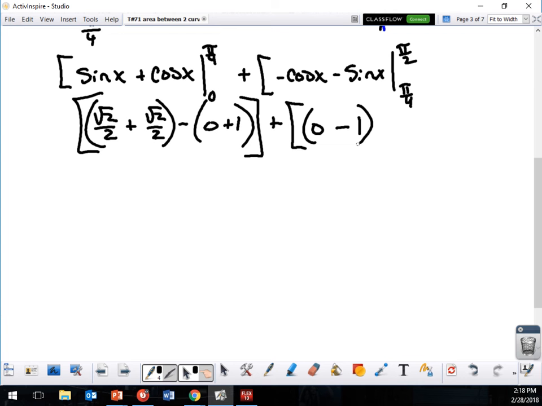Minus my lower bound, so that's going to give me a negative rad 2 over 2, minus another positive rad 2 over 2, negative 2 rad 2 over 2.